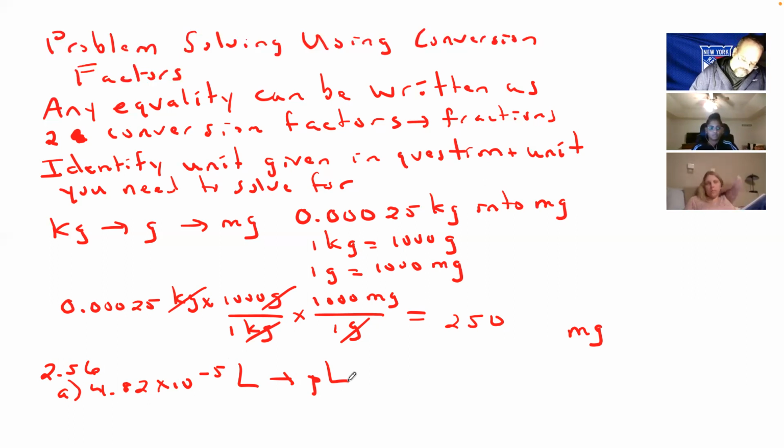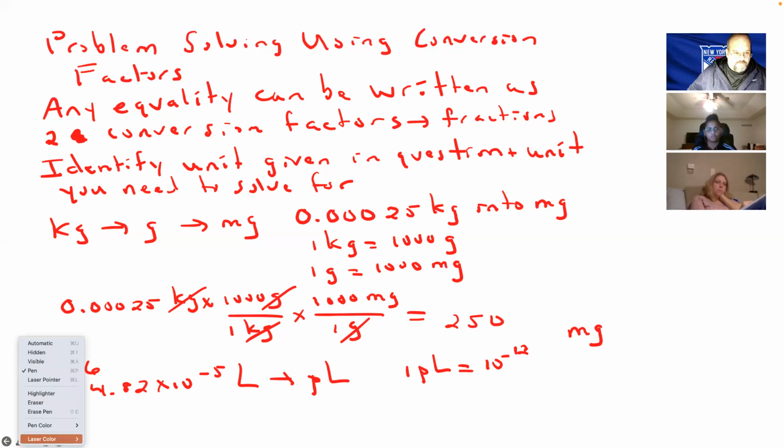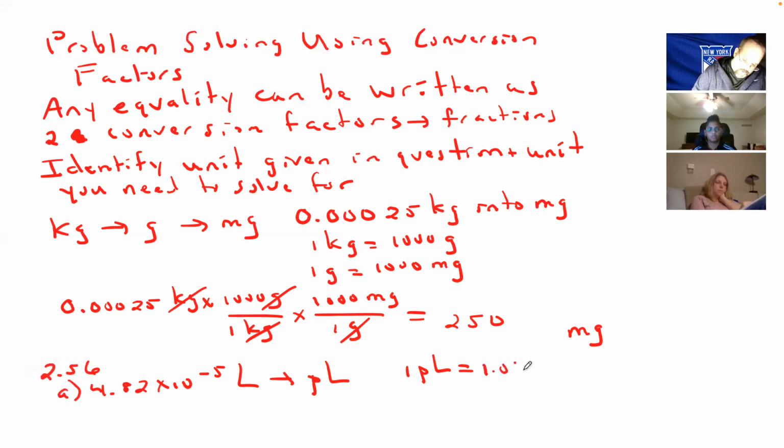So essentially, 1 picoliter would be equal to 10 to the minus 12, or I should better write that as 1.0 times 10 to the minus 12 liters.